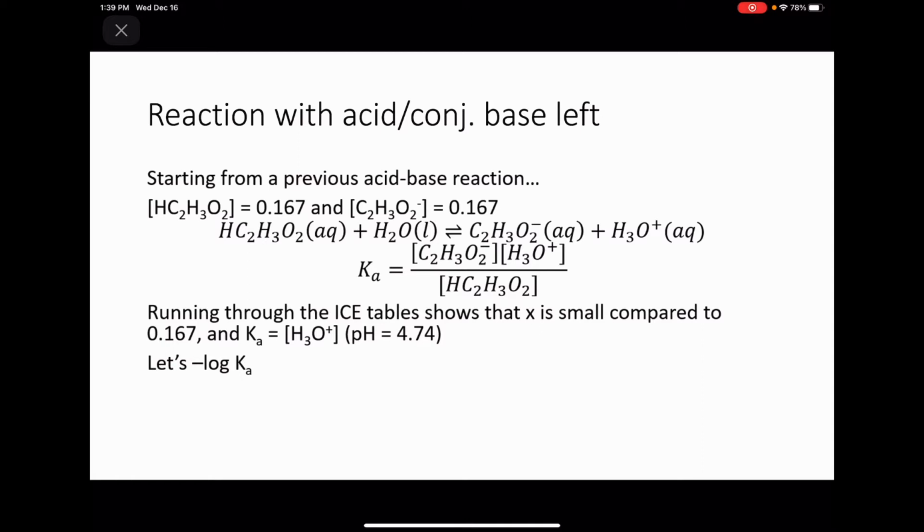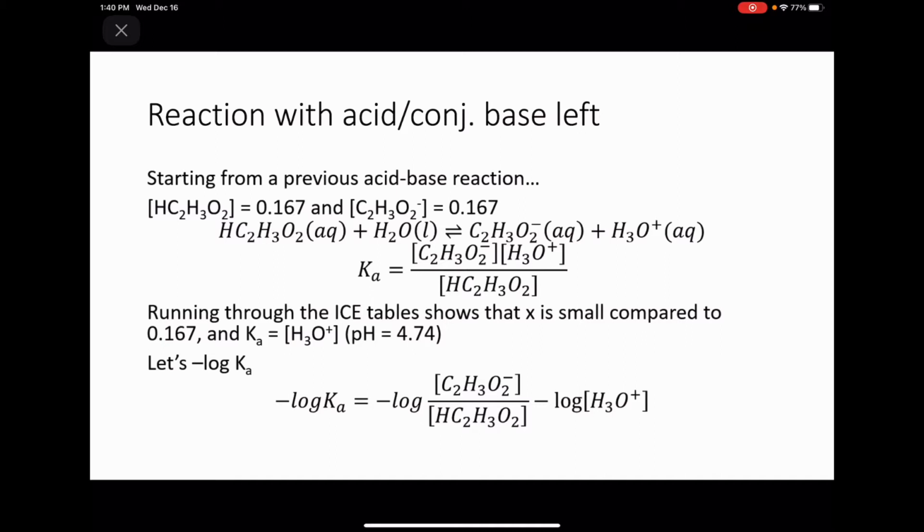So let's do a little bit of additional math that I think is going to save you trouble in the end. Let's take the negative log of this Ka expression. We take the negative log of Ka, and then the negative log of acetate times H3O plus over acetic acid.